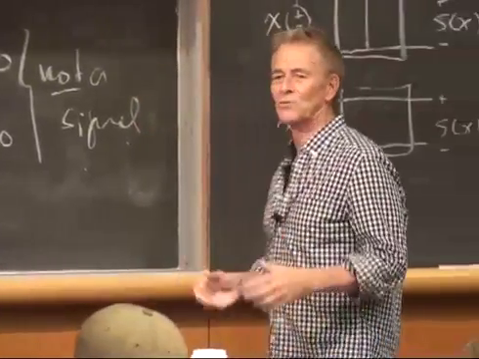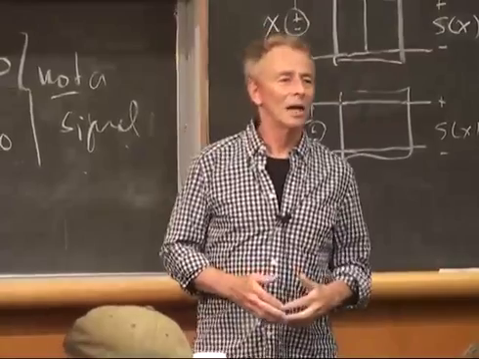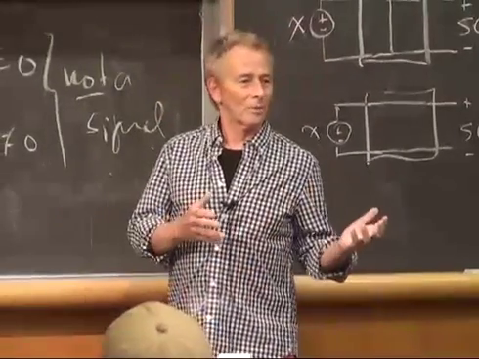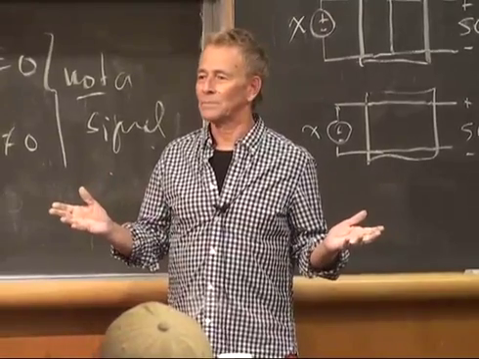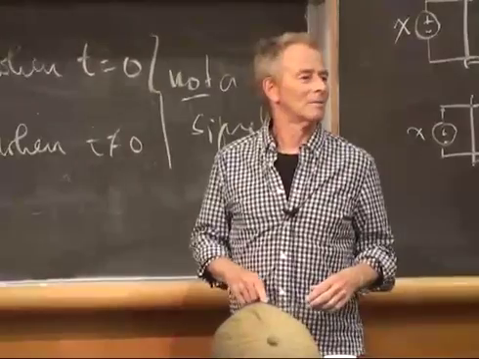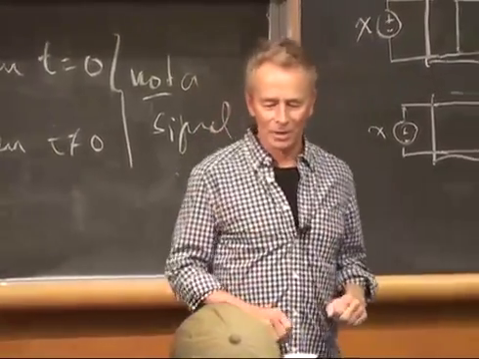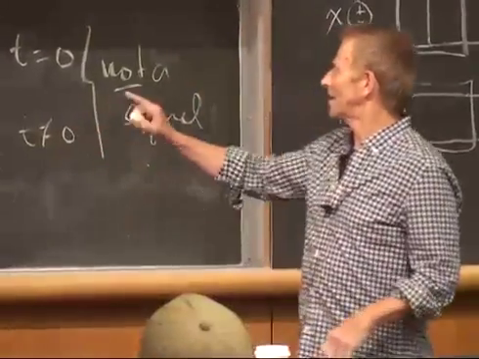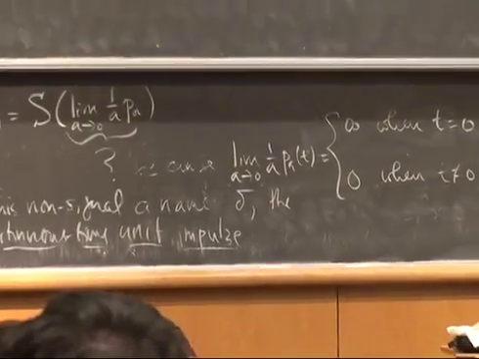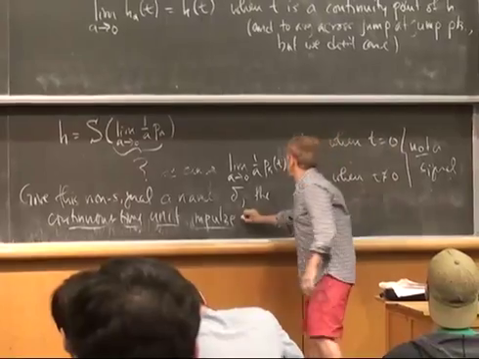He was also famous for saying that if you have a beautiful theory and someone does experiments that contradict it, they should do those experiments over again because they must have been wrong. He was that much of a theorist. So that is the man behind this monstrosity, this non-signal we call the continuous time unit impulse.